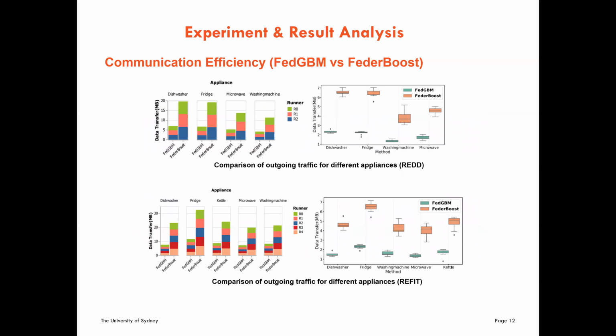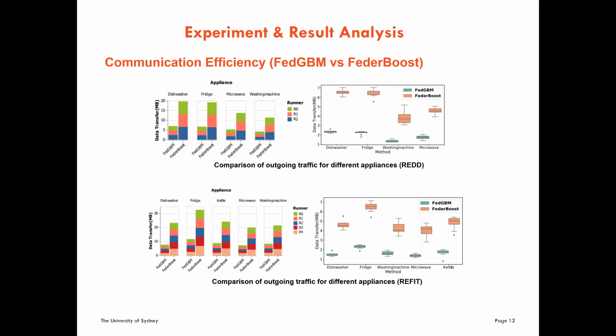We also carefully evaluate the communication efficiency of Fed-GBM by comparing with another state-of-the-art framework called Federate. To make a fair comparison, those algorithms are deployed on the same network settings.